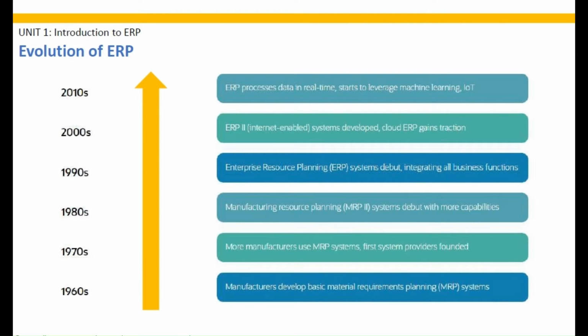Initially in the 1960s, there was a concept called MRP, Material Resource Planning, which was quite popular at the time and was basically organizing the entire manufacturing area of enterprises. Then in the 1990s, people thought there was a need to integrate other departments as well, for example finance and human resources, which were not part of material resource planning.